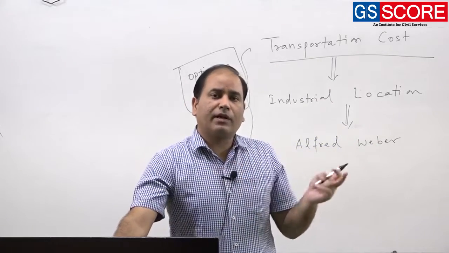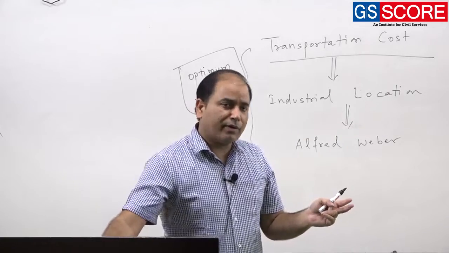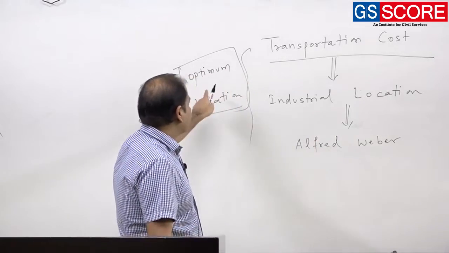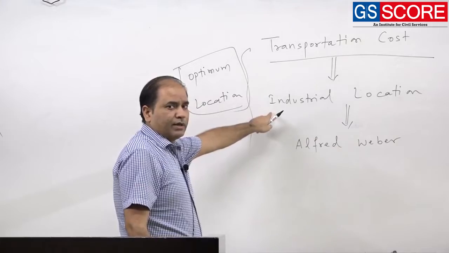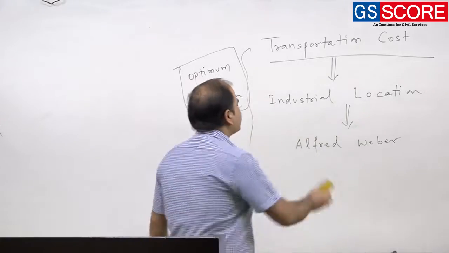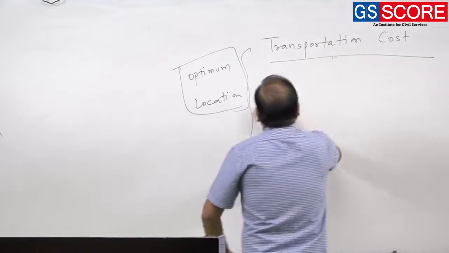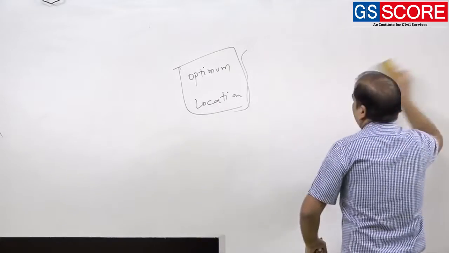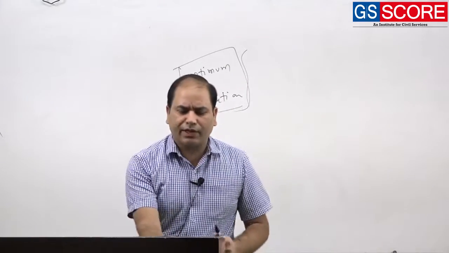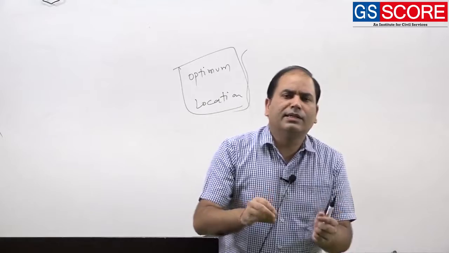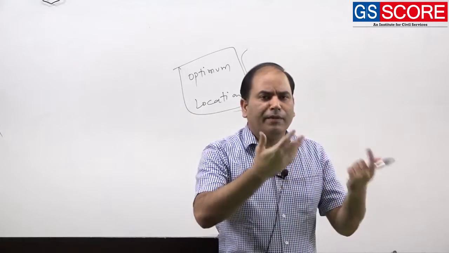We have several locational theories in economic geography, and one of the very important ones is Alfred Weber's industrial location theory.